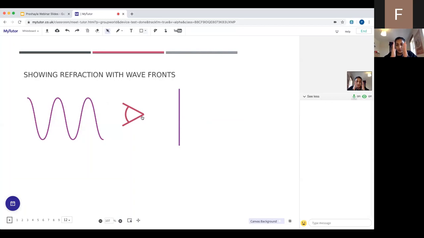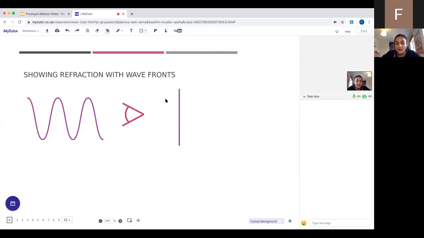So a head-on view of the wave, which is traveling towards you like this. You're only going to be able to see a straight line. Now that is how we explain a wave front. The wave front is basically just a way of showing the wave without drawing all the squiggly lines and making it look really messy.